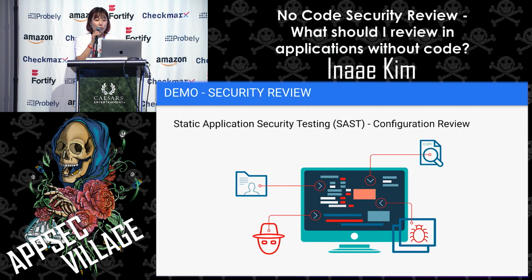So we have walked through the manual configuration review. Like code review, manual configuration review is also very time-consuming and easily misses vulnerabilities, depending on the size of your configuration. Therefore, I will demonstrate how to improve the no-code security review.